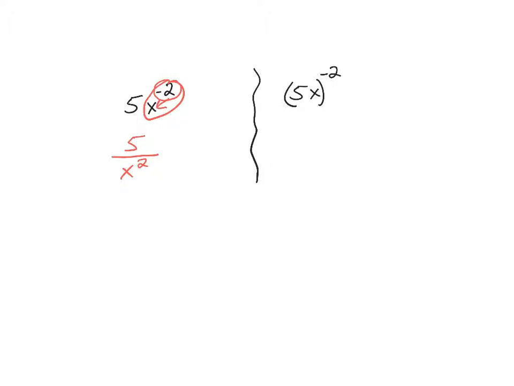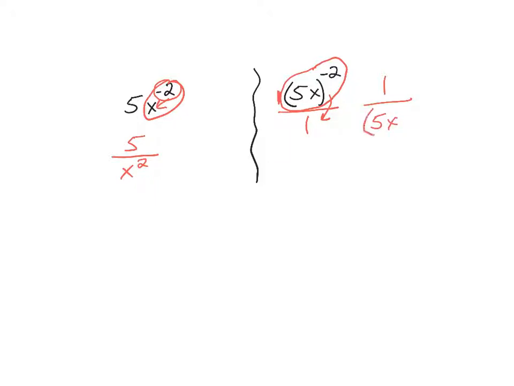On the other one, notice that both the 5 and the x, because they're in parentheses, are to the negative 2 power. So for that one, I'm going to think about this as something over 1 creating a fraction, but then this entire part is going to be moving down. Once again, remember there's an understood 1 here, so I'm going to have a 1 on top, and I'm going to have a 5x.